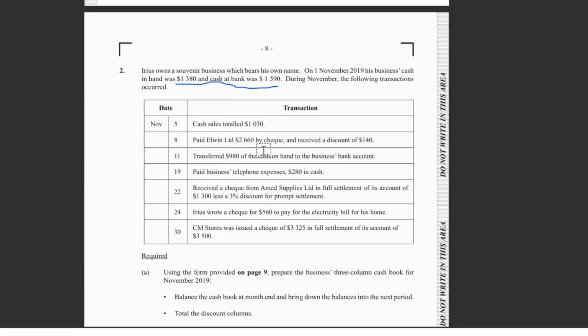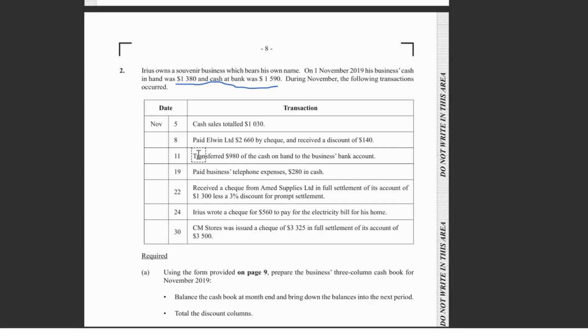Paid Elwin Limited $2,660 by check and received a discount of $140. Now, please note that this discount is already excluded from the amount that we paid. So we still need to record the discount. So we're going to go into our cash book and record it. Firstly, which side will we record this transaction on?